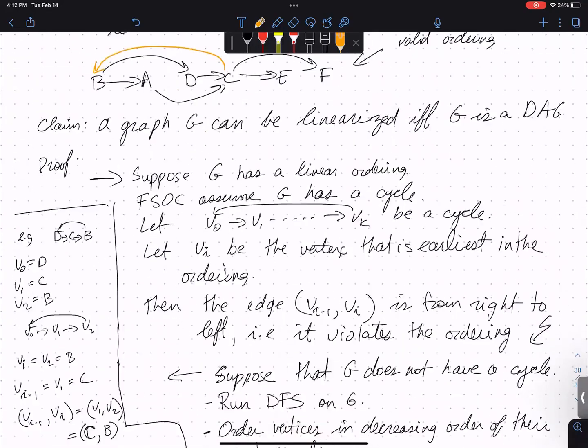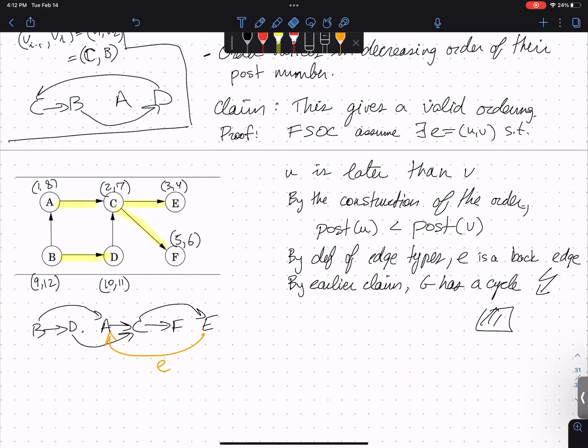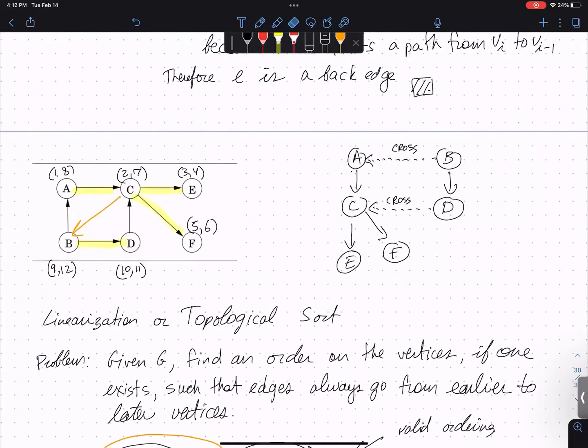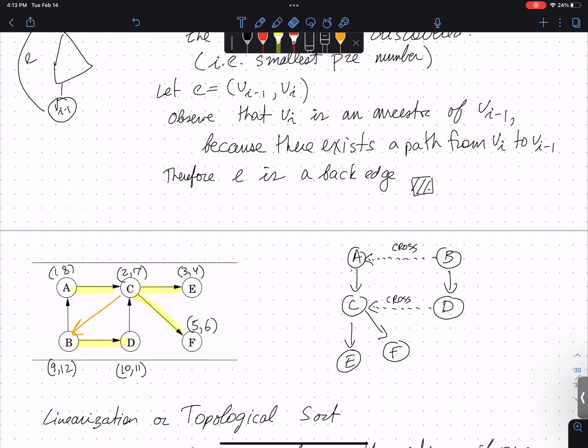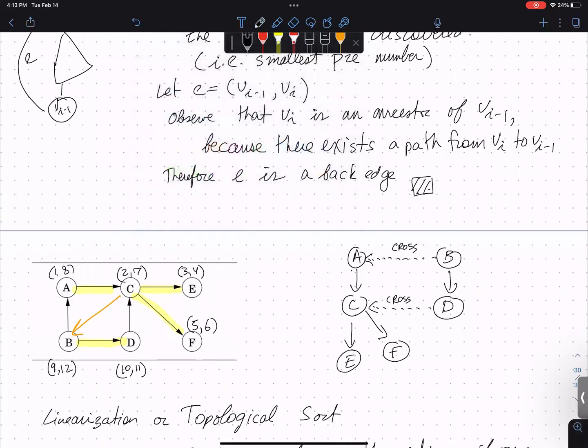We can check the DFS tree. So what was E? That was the edge from E to A. Let me copy this.